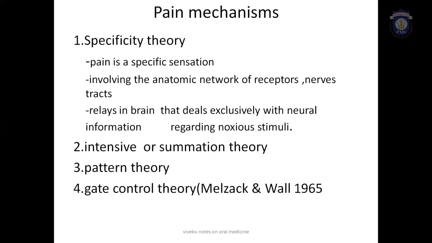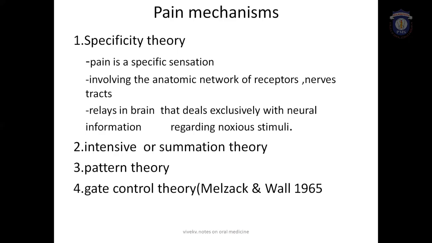So it essentially means that a particular nerve fiber is activated only by chemical stimuli. Another type of nerve fiber is activated only by physical stimuli, like, for example, pressure sensations. And another type of nerve fibers are activated only by temperature.